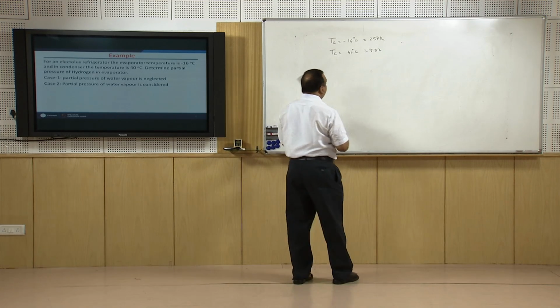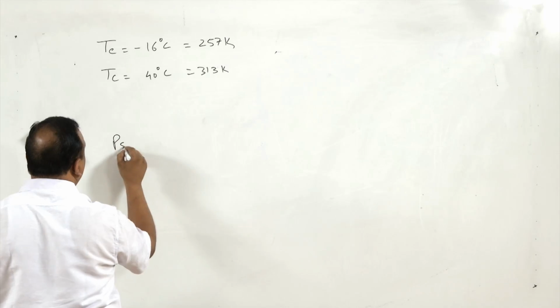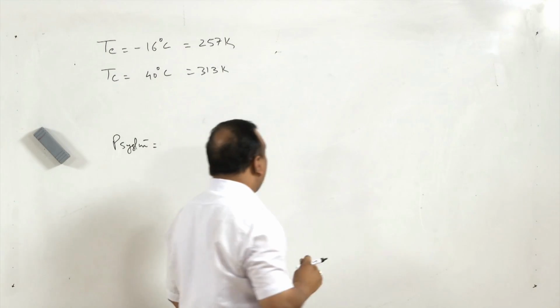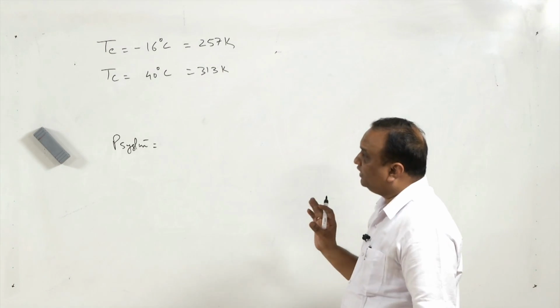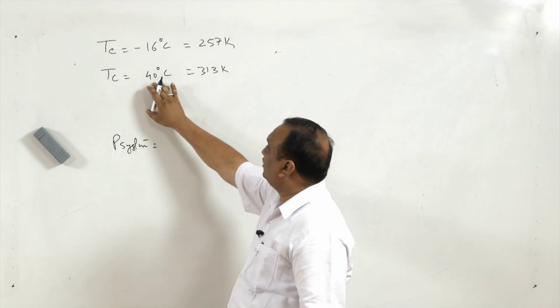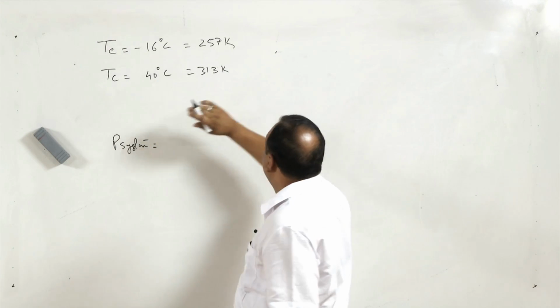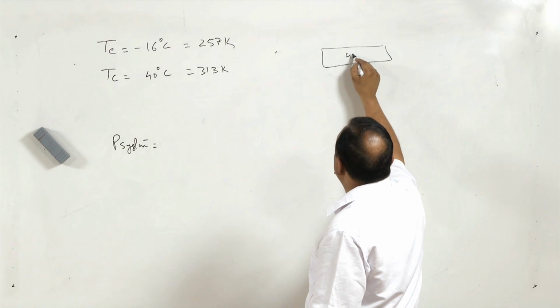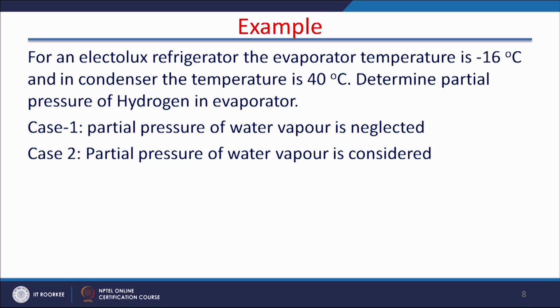The system pressure is equal to the pressure of ammonia at 40 degrees centigrade. Why? The total system pressure is the pressure of ammonia at 40 degrees centigrade, because in the condenser, where temperature is 40 degrees centigrade, there is only ammonia, that is anhydrous ammonia.